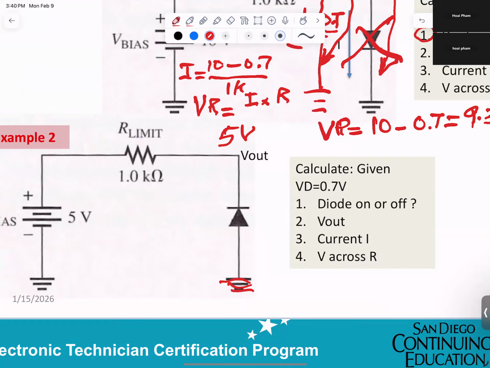Cannot be higher than 0.7. So that's why the diode will be off.